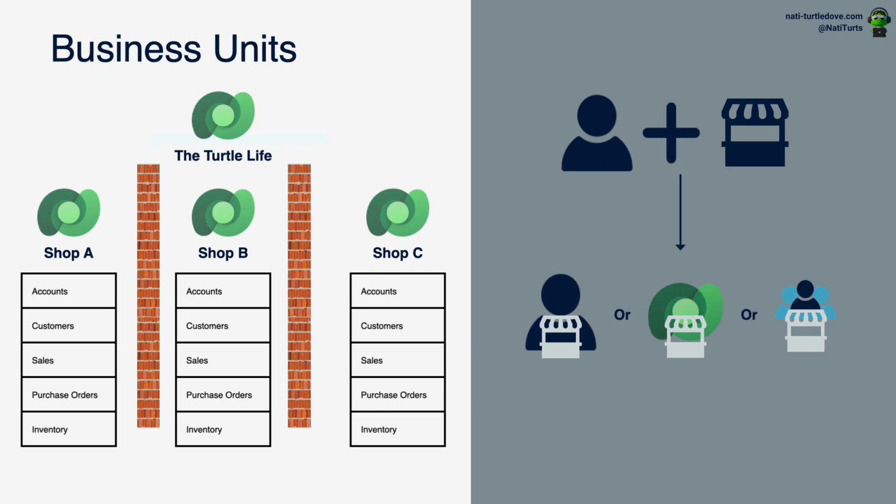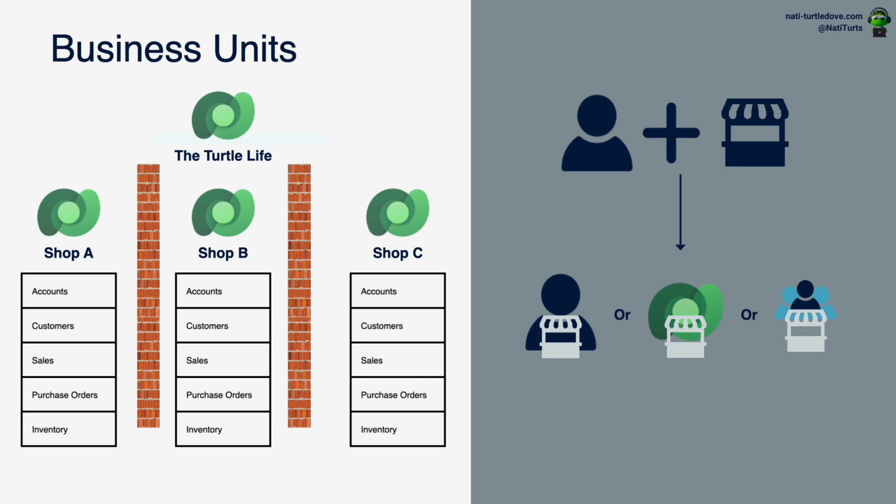So if we were to bring this into theory and say we've got an environment called the Turtle Life. It's a sales company that's got different branches all over the city, different physical locations, but because everyone's using the same app or same solution to capture sales, they all log in with the same environment.